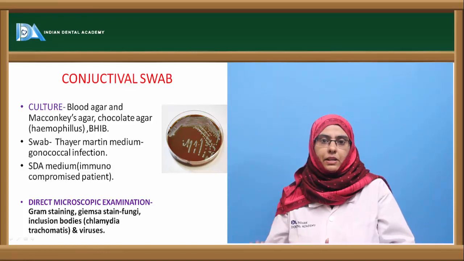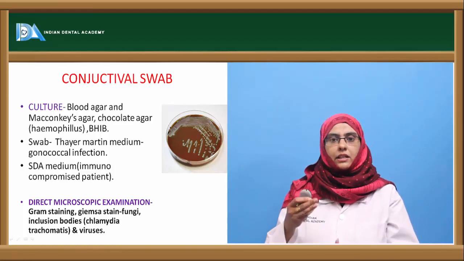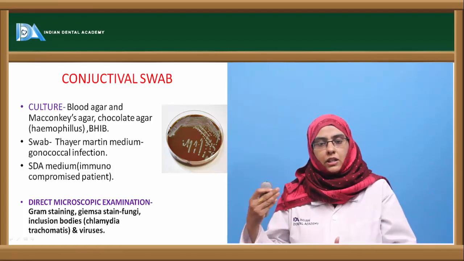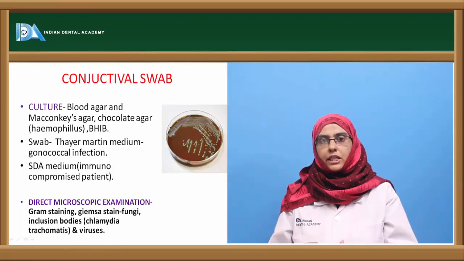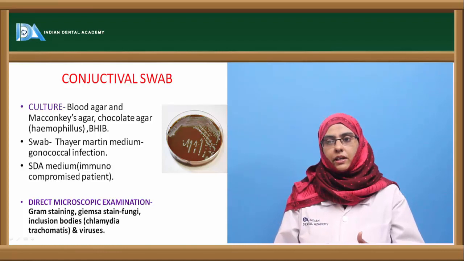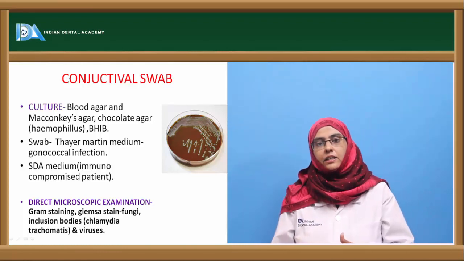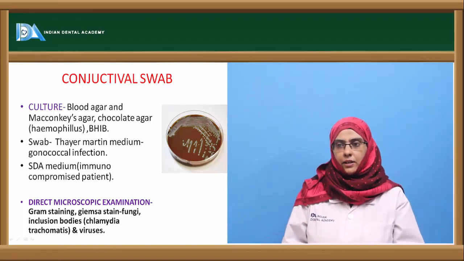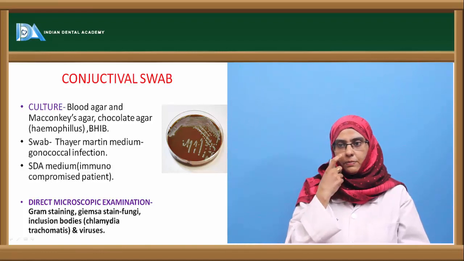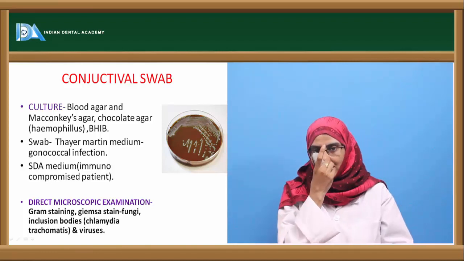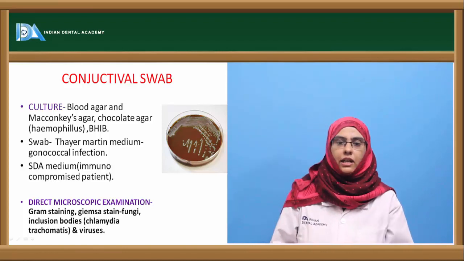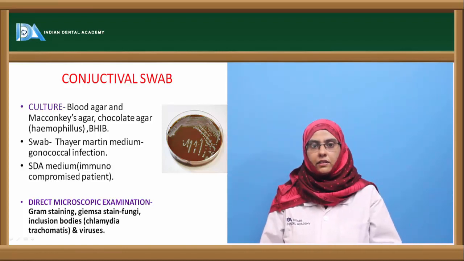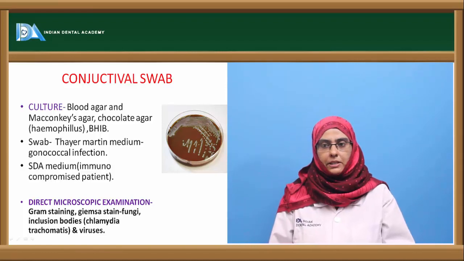It is primarily the viral infection that brings the immunity down, so that a secondary infection can take place in this particular patient. Mostly the infections are from fungus, so you can identify the organism on Sabouraud agar for the immunocompromised patient. So for conjunctival swab, we have culture for bacteria, then for Neisseria gonorrhoeae, and finally the fungal media in immunocompromised patients.